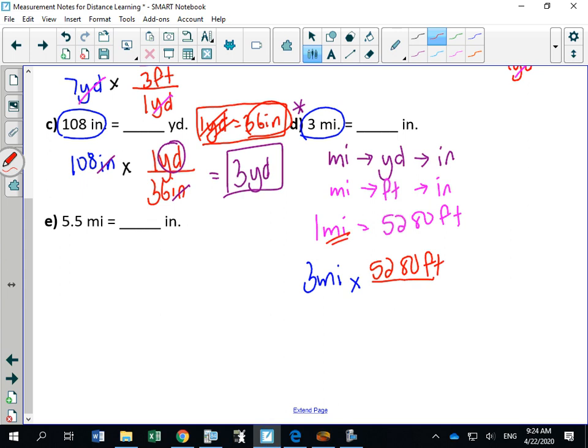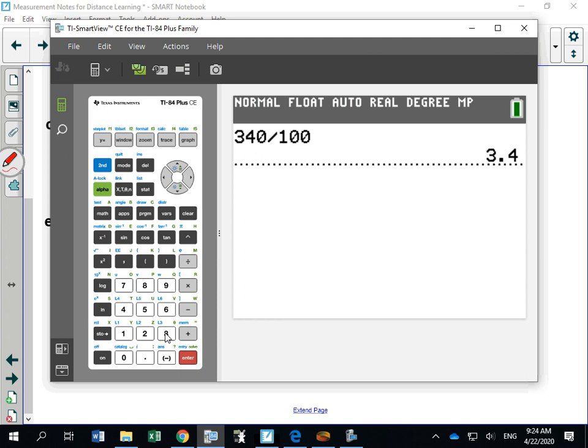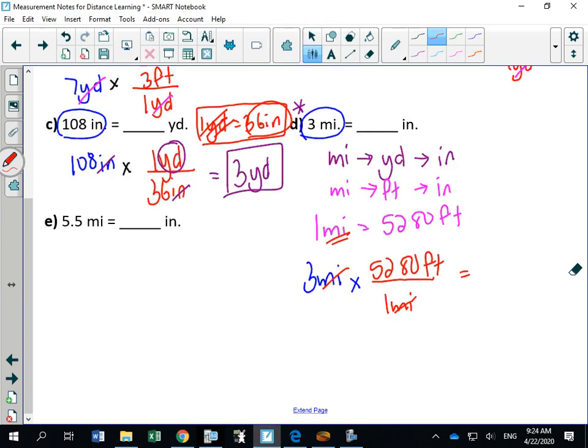And the 1 mile goes on the bottom. And a mile would cancel. So it's going to be 3 times 5280. And I would get 15,840 feet.